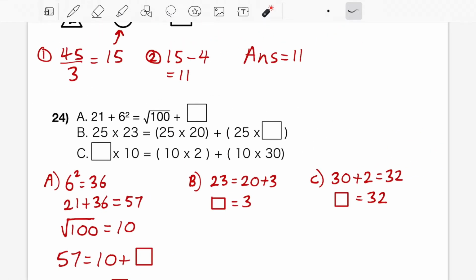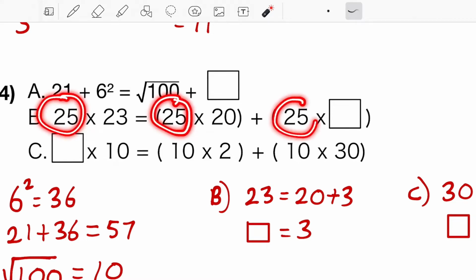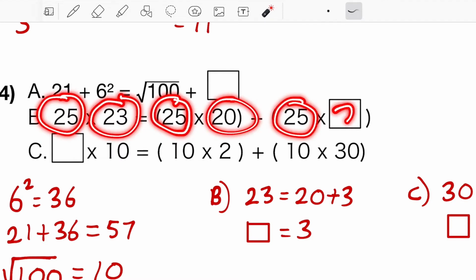So next we have b. So we have two numbers being multiplied, and then we separate it into two parts. 25 by 20, and then 25 by. So we keep one of the numbers the same, and we are splitting the other number into two parts. So 20 and 3 will give you 23.